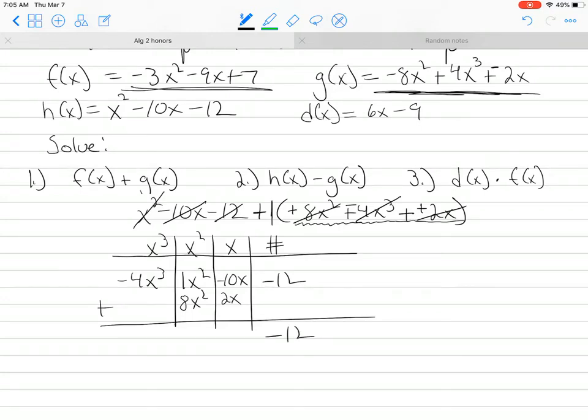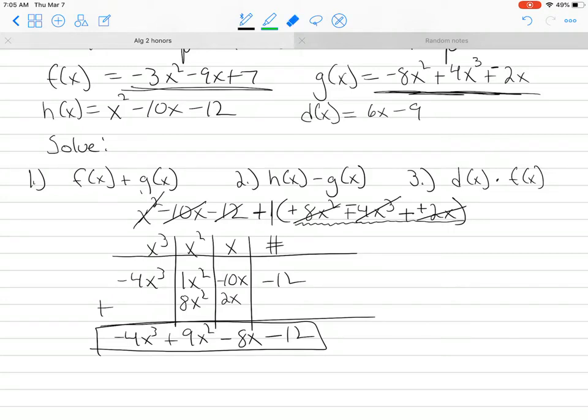Negative 12, negative 8x, 9x squared, and negative 4x cubed. There is my final answer. Did you get the same thing? Hopefully. If not, hopefully you can see where your mistake was.